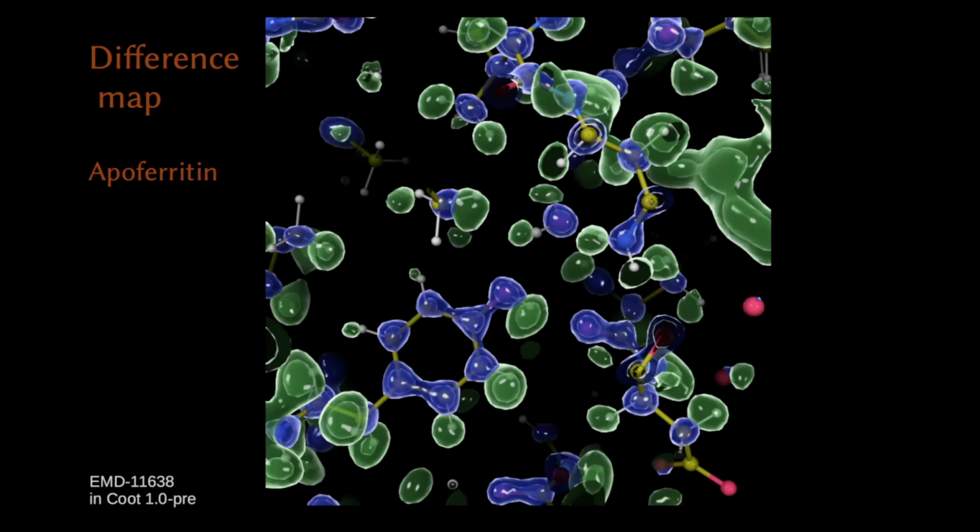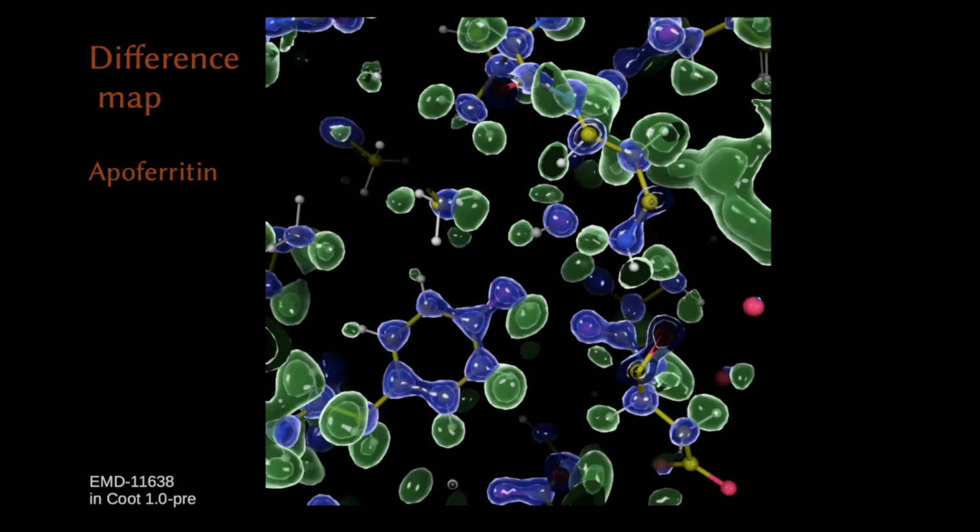So using difference maps in cryo-EM reconstructions, I think, is going to be routine. It currently isn't for me or my colleagues, but I think within a few months or a year or so, it will be routine because it brings a lot of value with little cost, especially now that we can do them updatingly.